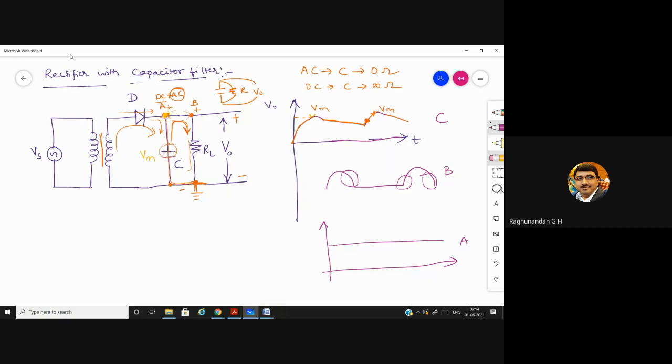It is almost near to DC. If you use a full wave rectifier, the ripples will further decrease because there we will be having continuous signal like this. So the ripples will be lesser, because it is just going to graze the peak values. So that's why in the full wave rectifier, the ripples are going to reduce still further.